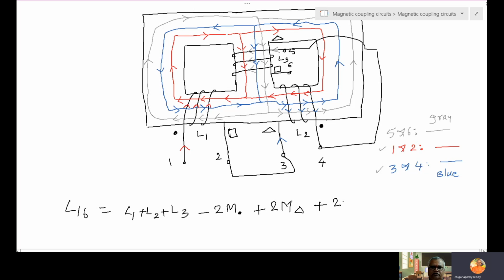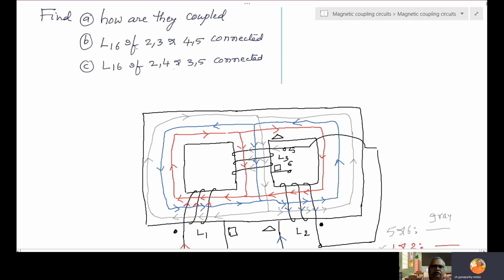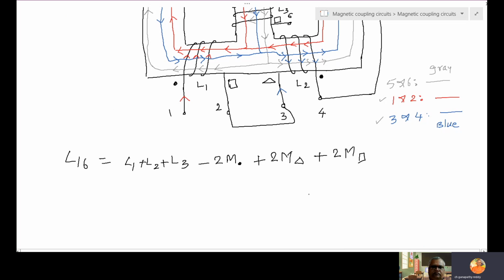Therefore plus 2M square will come. So that is the point. So L16 with 2, 3, 4, 5 connected is answered.